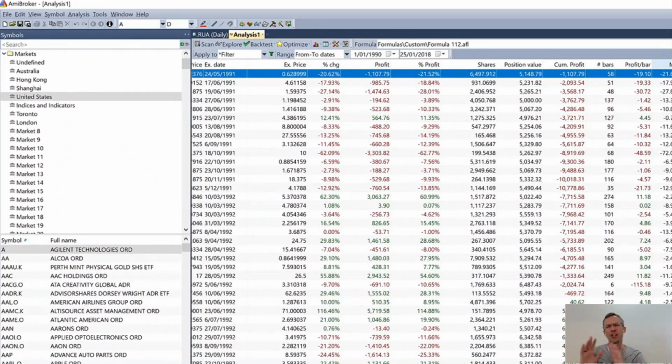And I don't use adverse excursion all that much. It's useful for setting your stop losses a little bit, but favorable excursion is really interesting because if you have, let's say, an average profit per trade of like 5%, the system could be quite profitable. But if heaps of trades have a favorable excursion of 20, 30, 50, 100% before closing out on average at 5, you may be missing out on a lot of profit because your exit is no good.